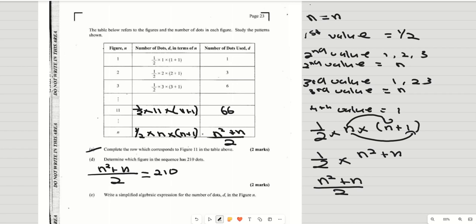Again, when we're making n the subject, you're going to carry across 2 over the equal sign. So it's going to be n squared plus n is equal to, instead of divide by 2, this is going to be multiplied by 2. So it's going to be 420. This is 2 marks. Okay.